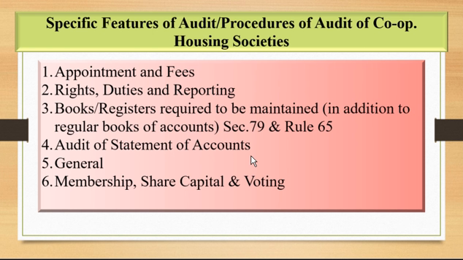Next point is rights, duties and reporting. In that, section 81 and rule 69 outline the rights and duties of the auditor and the report to be submitted by him. The auditor has the right to receive notice of and attend the annual general meeting.